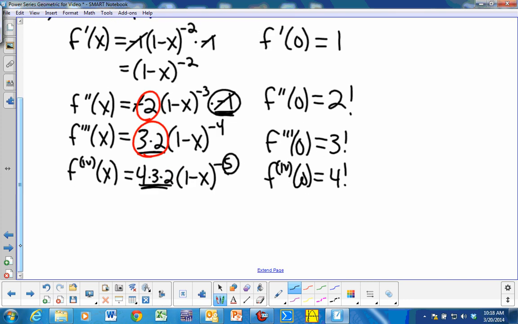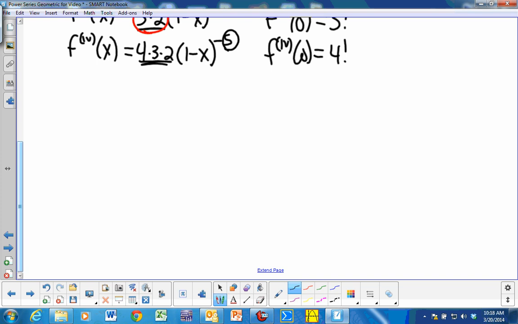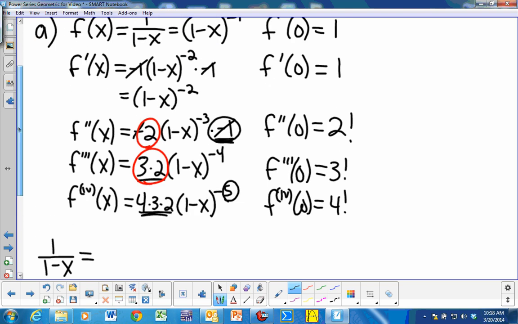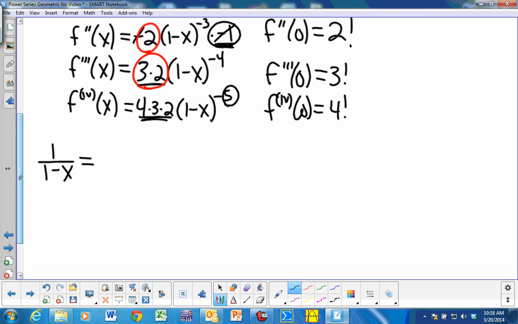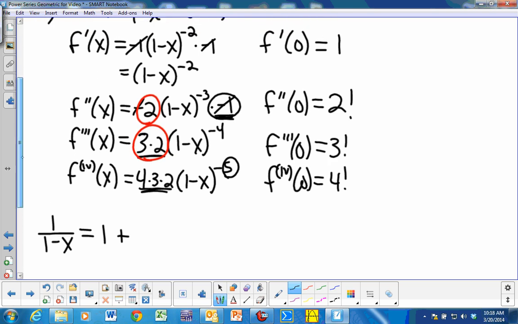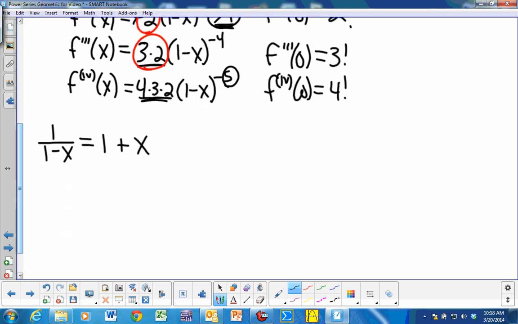So now let's write out the Taylor series that we get using those coefficients. To write the Taylor series, we're going to say that 1 over 1 minus x equals, we put an equal sign because this is a series. That first coefficient up there, f of 0, is 1, so we get 1 plus. Then we put the next coefficient, which is also 1, times x to the first, so that's x, plus.